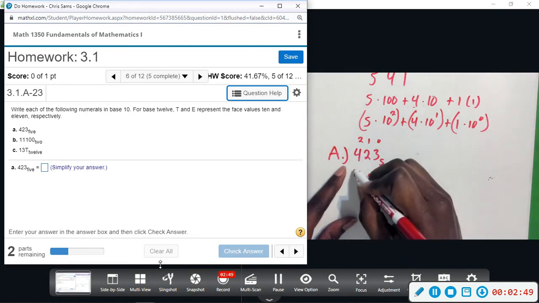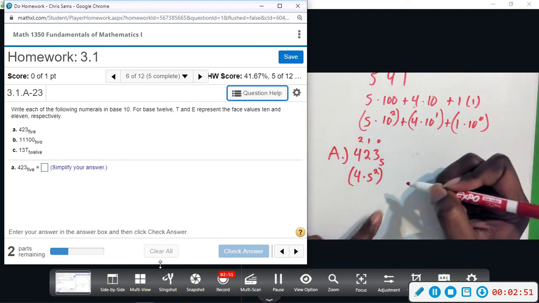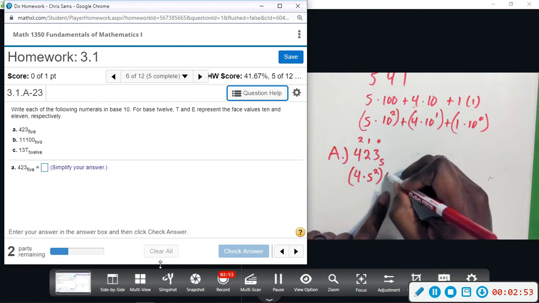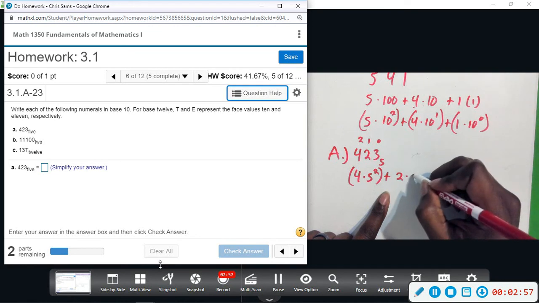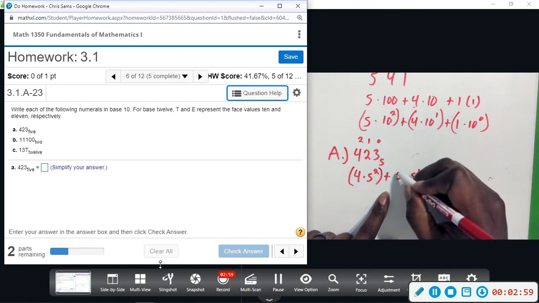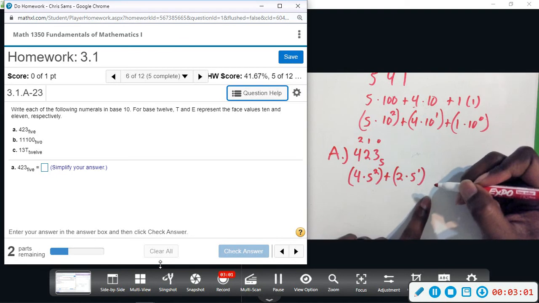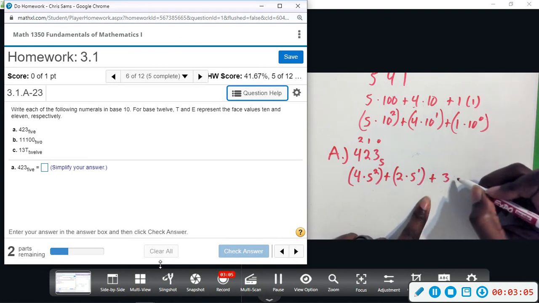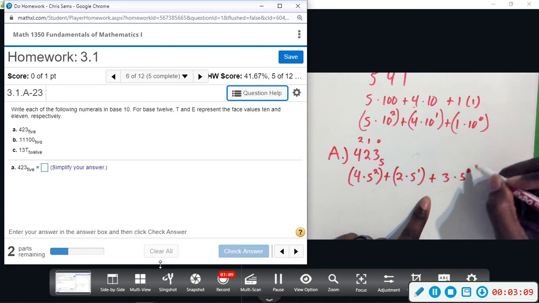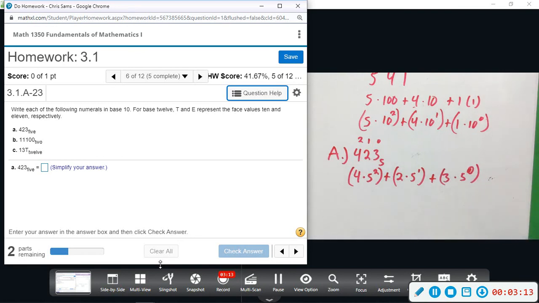That's going to give us the first part. And then the second part, we're going to add 2 times 5 to the first, or just 5. And then on the last one, it's going to be plus 3 times 5 to the 0, or just 3 times 1. Okay, this just kind of helps you follow the same pattern.